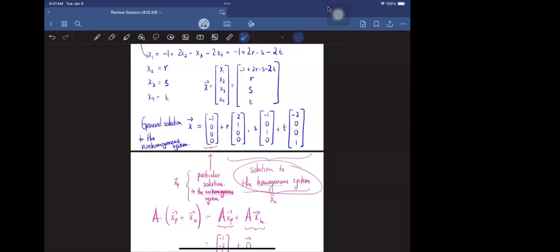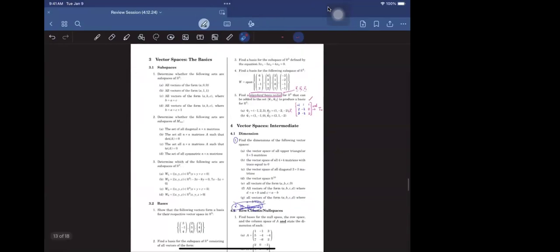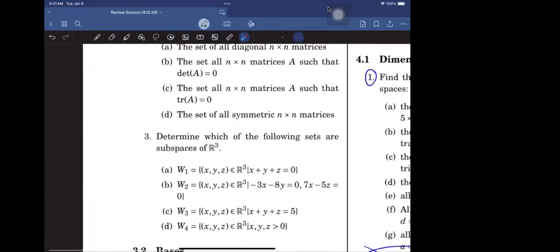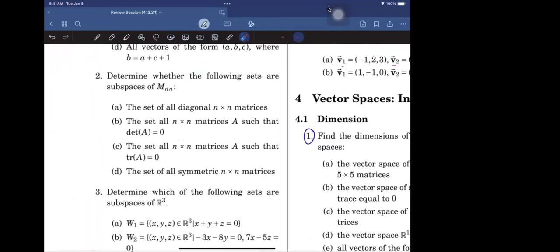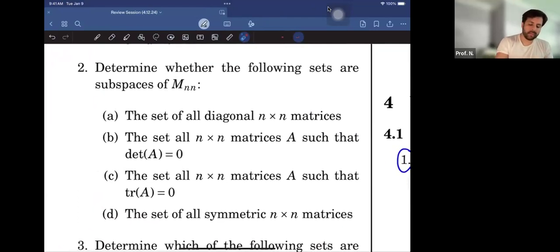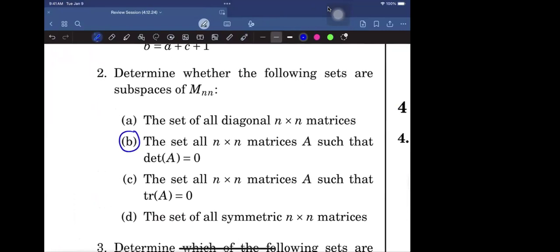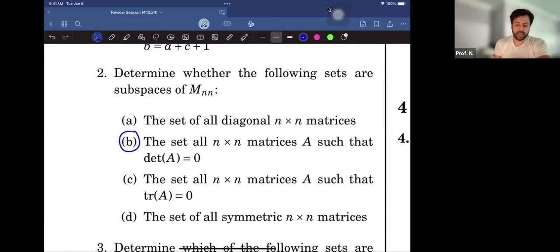The basis for subspace, 3.1 question 2, part B. This one? Is this the one? Yes. So we want to determine whether the following sets are subspaces.